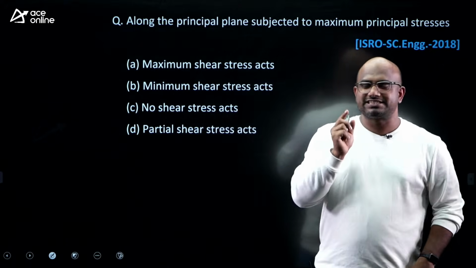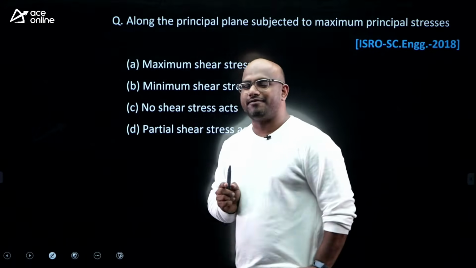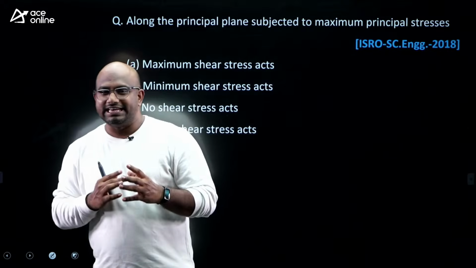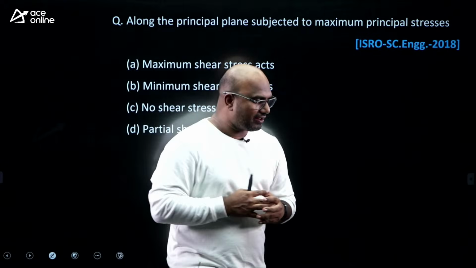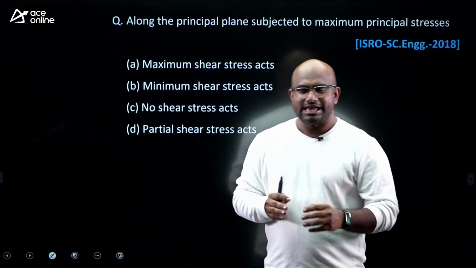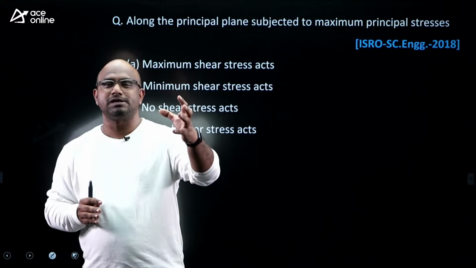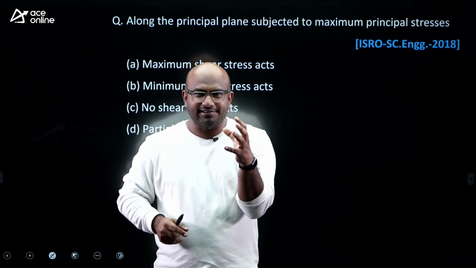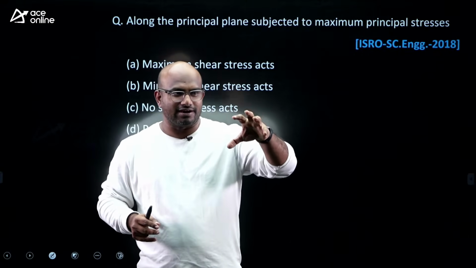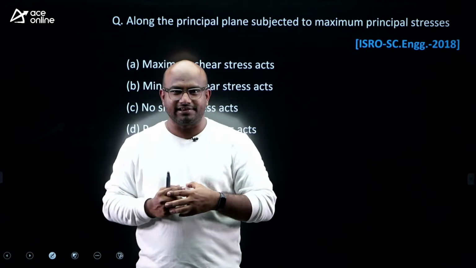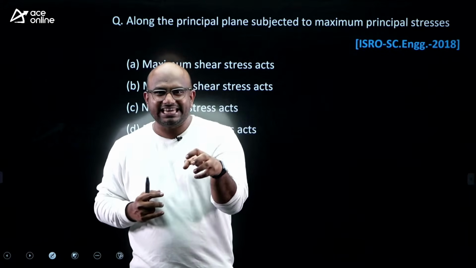I have stressed this point multiple times in the lecture. At the place of maximum principal stress, in the principal plane, I asked you to compare: principal is like your college principal, and shear is like his wife.